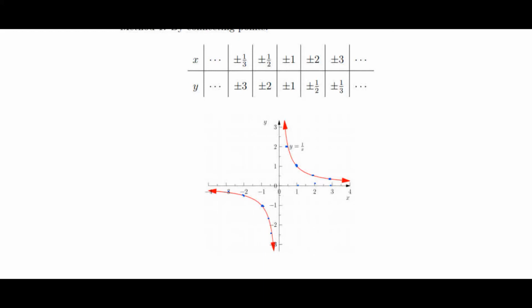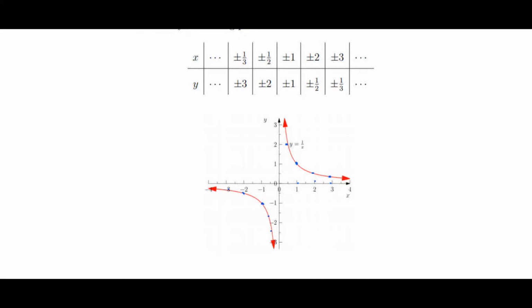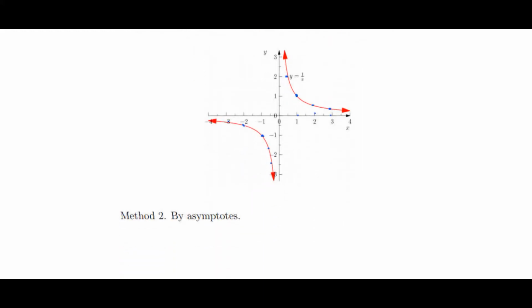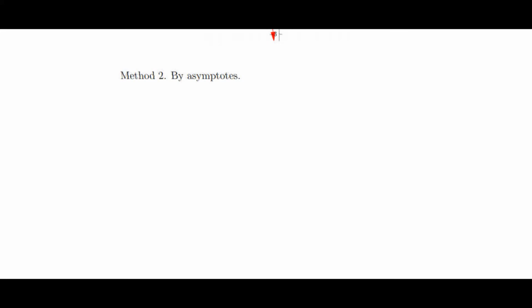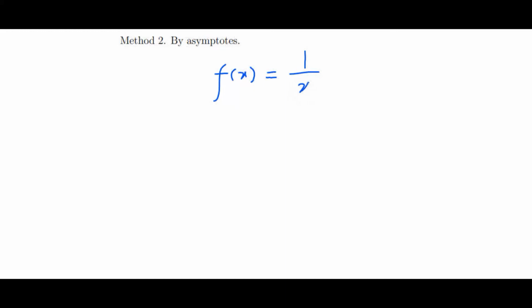We pick many points, but let's check. We can also use our new way, using asymptotes. So for this function, at first we just determine its asymptotes.